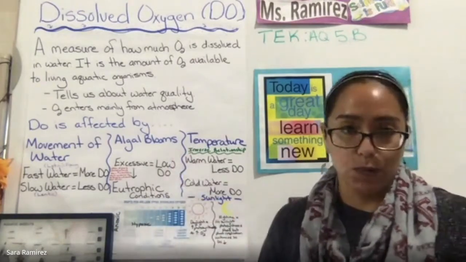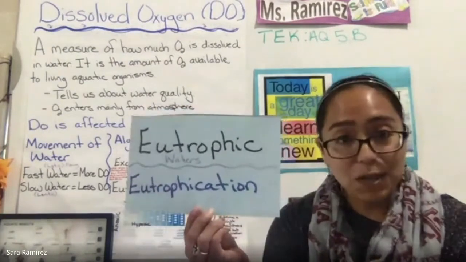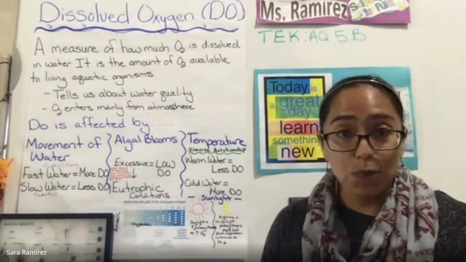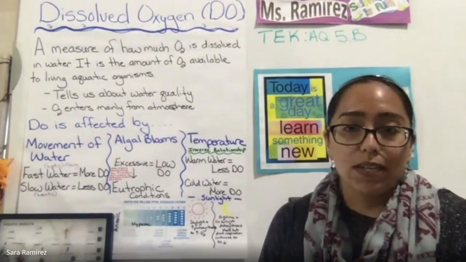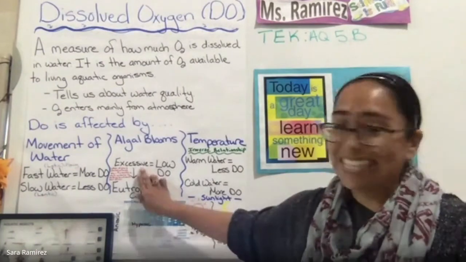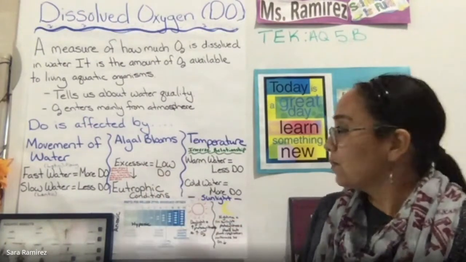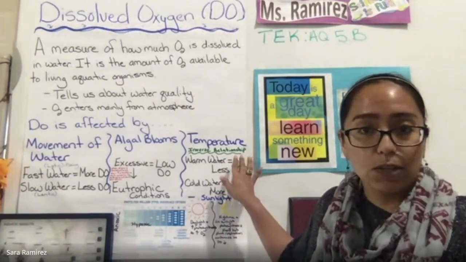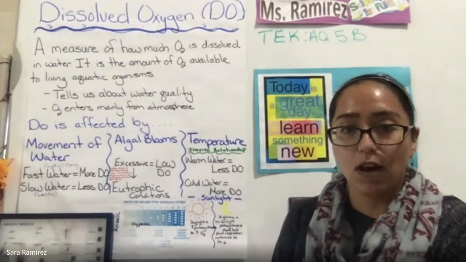Also, algae blooms. So we looked at an example of a eutrophic system. Those algae blooms really deplete the amount of oxygen available within an aquatic system. So when we have excessive algae blooms, you're going to see low DO numbers. And then as Ms. Nash talked about earlier, there's an inverse relationship between temperature and dissolved oxygen.